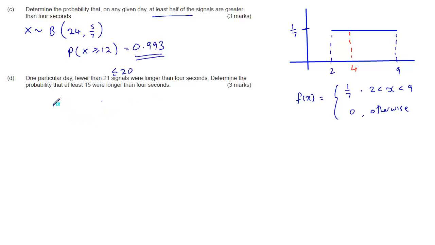So what we're being asked for here is the probability that x is greater than or equal to 15, given that x is less than or equal to 20. So that's the probability of x being between 15 and 20 divided by the probability that x is less than or equal to 20.